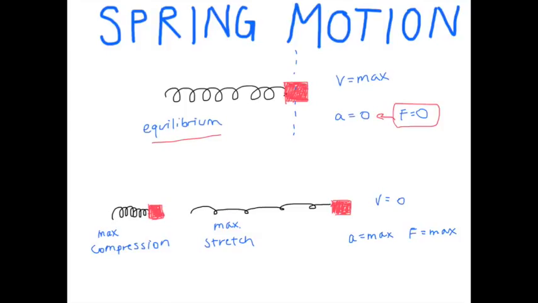There are 2 other extreme positions on the spring that the mass can occupy. The first is the maximum compression. This is when the spring is as far condensed or compressed as it's going to be within the mass's pattern of motion. The other is the maximum stretch. This is when the spring has been stretched as far as it can possibly go, and the mass is about to be released from that stretch point. At these positions, the velocity is 0.